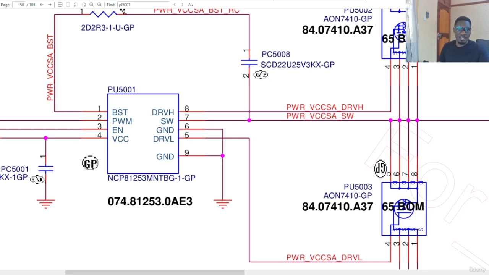I'm going to attach these pictures and these schematics in this video. If you don't have a motherboard with you, you can take a look through these documents and you'll be able to compare. It's very good to practice with these schematics, because through practice is the only way you can understand and be conversant with using them.